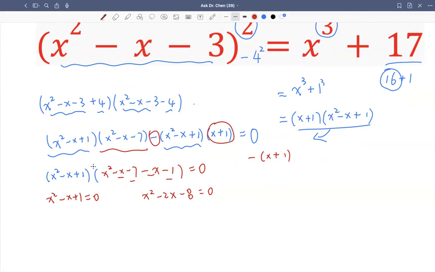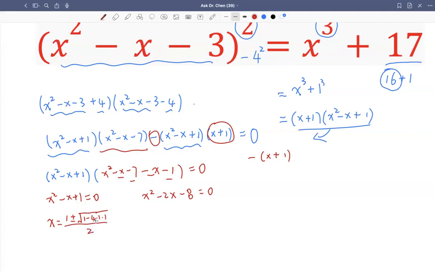For the first one, maybe we use the quadratic formula. So we get x equals negative b. b is the number before x, negative 1, so negative and negative 1 become positive 1. Plus or minus the square root of negative 1 squared, which is 1, minus 4 times 1 times 1, because a is the number before x squared, which is 1, and c is the constant term, also 1.